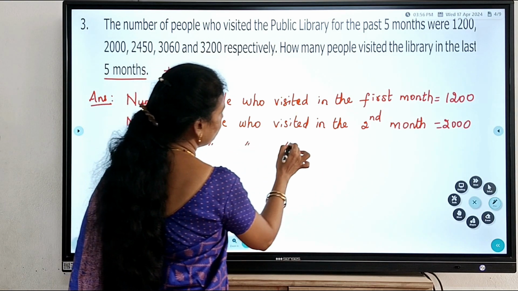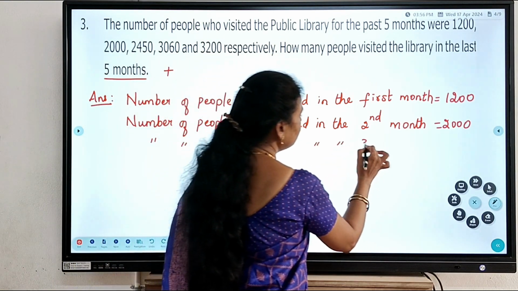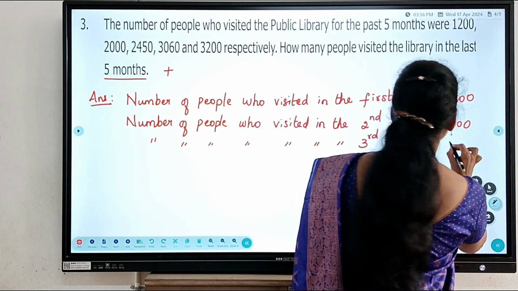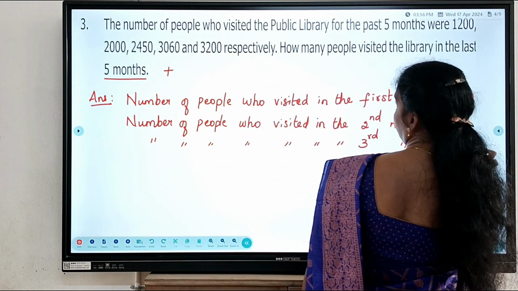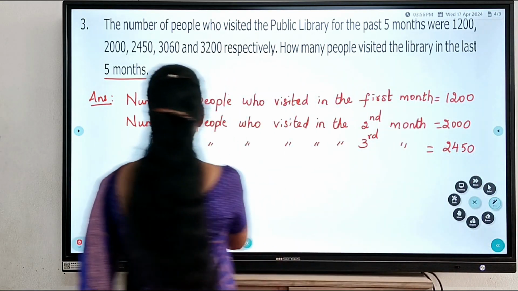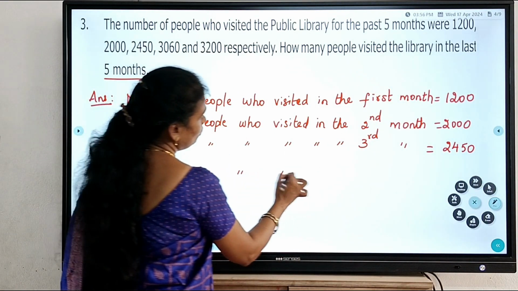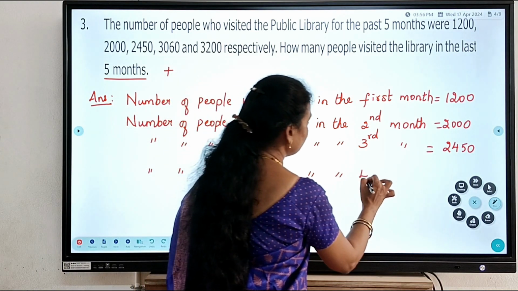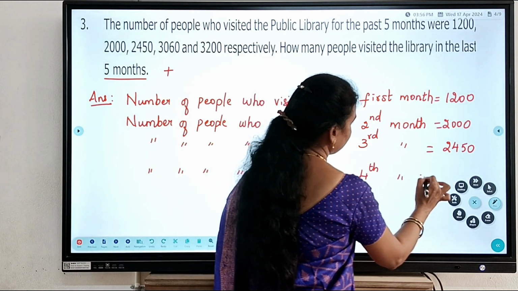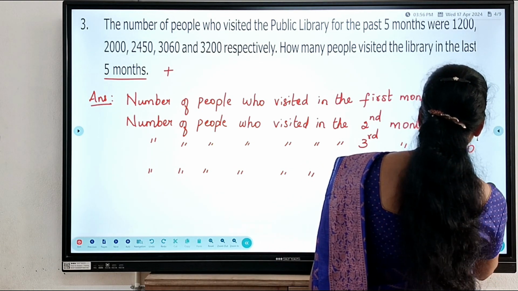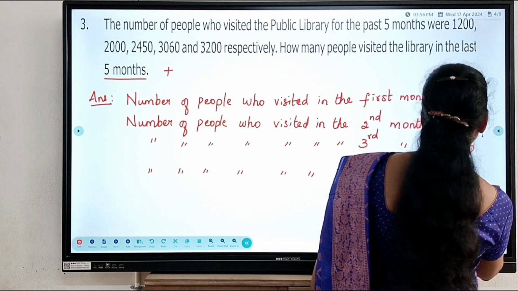Number of people who visited in the third month, that is equal to 2450. Number of people who visited in the fourth month, that is equal to 3060.